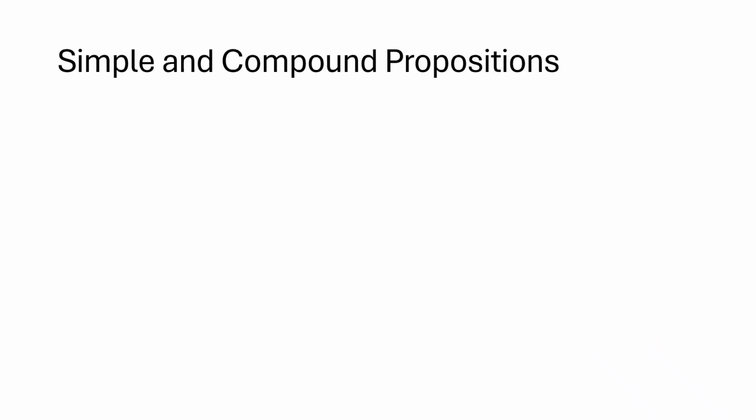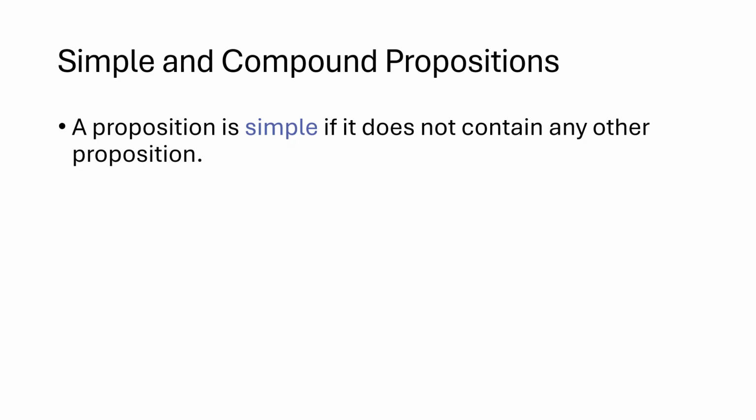Now, to be able to investigate propositions, we will divide them into two categories, namely simple and compound propositions. A simple proposition, as the name suggests, is a proposition that doesn't contain any other simpler propositions in it. Here are two examples. The first one, 2 is less than 7. First of all, it is a proposition because it's either true or false.